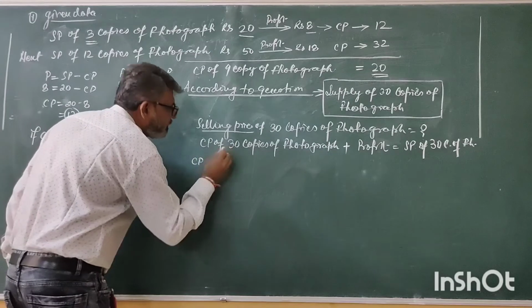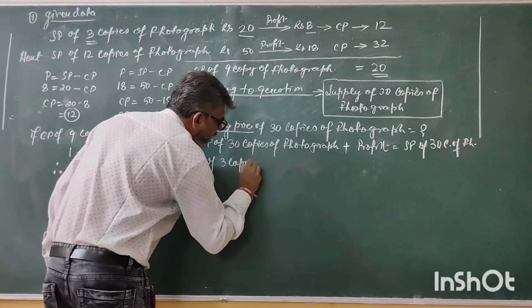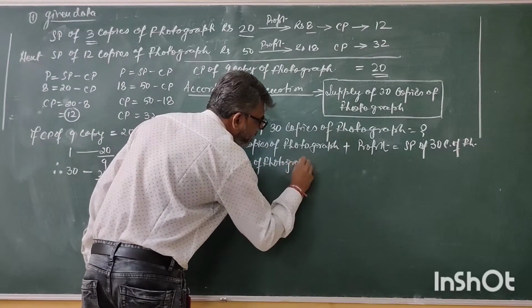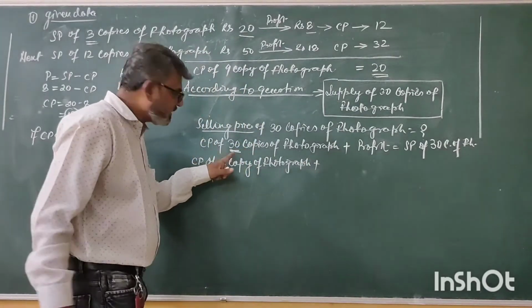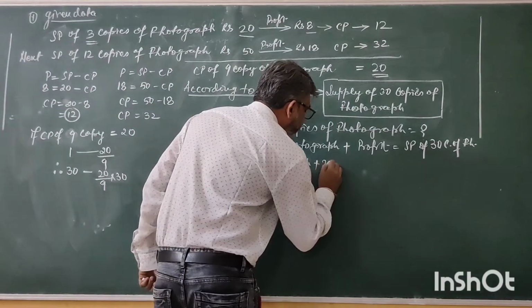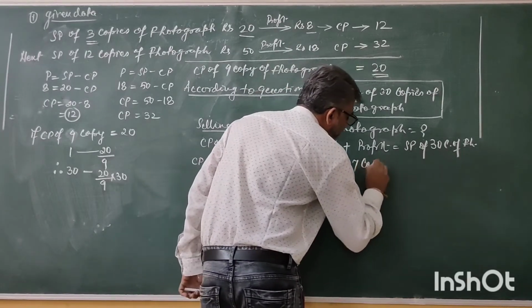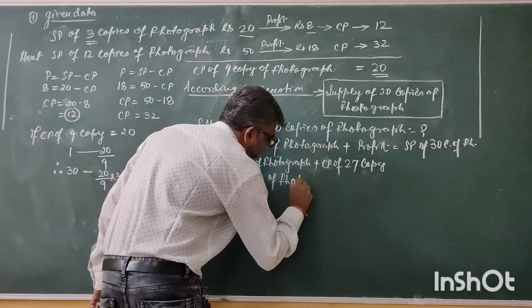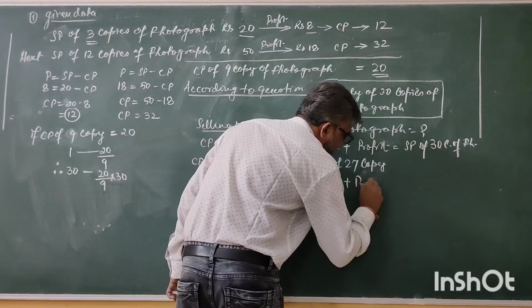सीपी ऑफ 3 कॉपी ऑफ फोटोग्राफ प्लस हाउ मच रिमेनिंग? 30 में अगर 3 को आप निकाल लिए, हाउ मच रिमेनिंग? 27. CP of 27 copies of photograph plus profit.